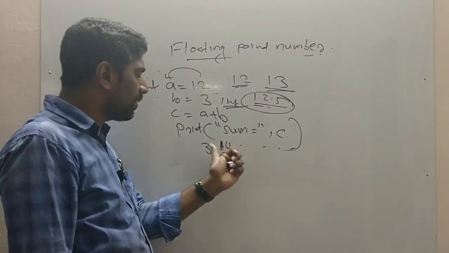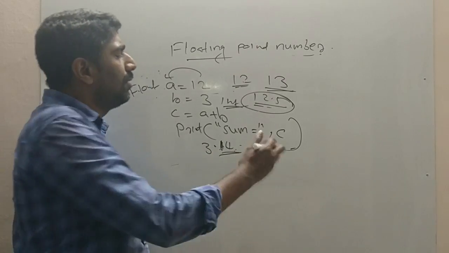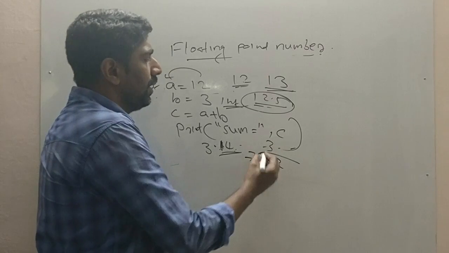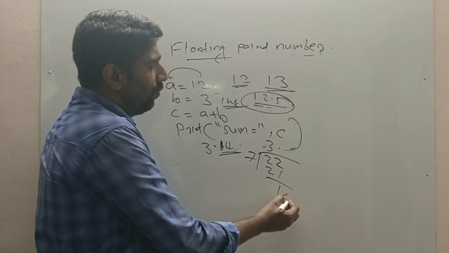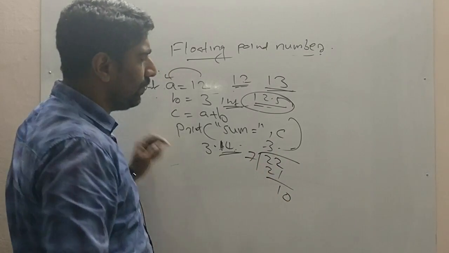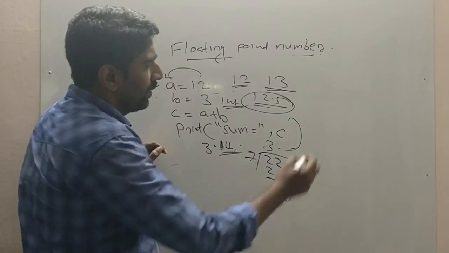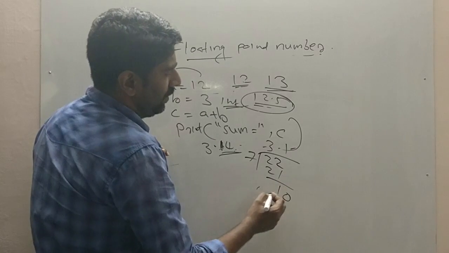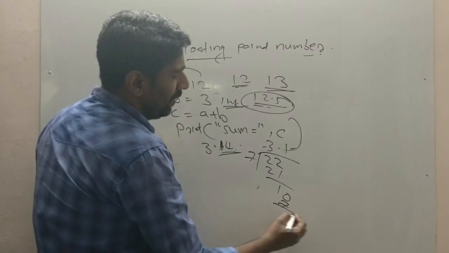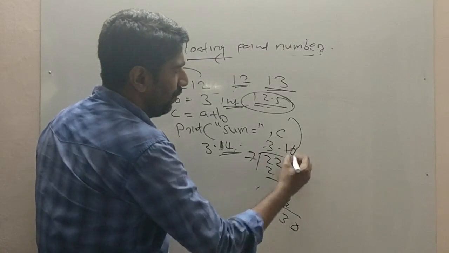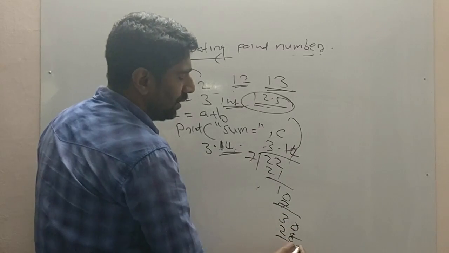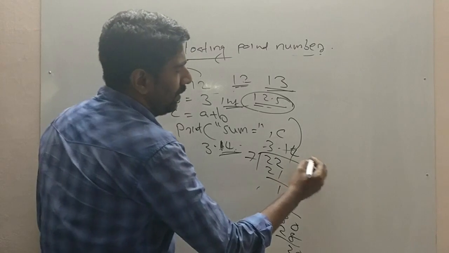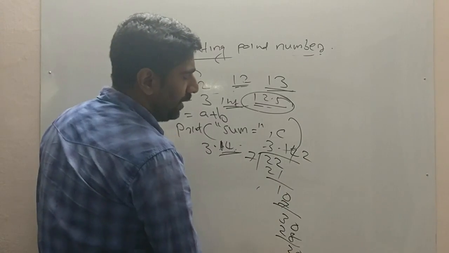No need to enter them manually. Suppose we divide 22 by 7: 22 by 7 gives 3, remainder 1, then 10, then 1, then 30, then 4, then 28, then 2, then 20, then 2, then 14, like this.